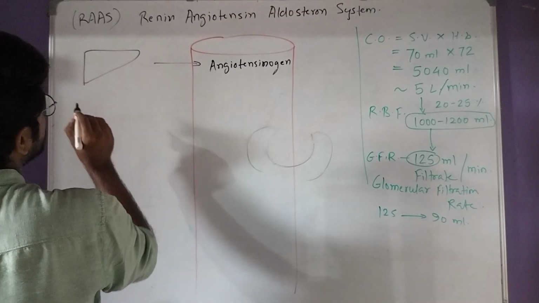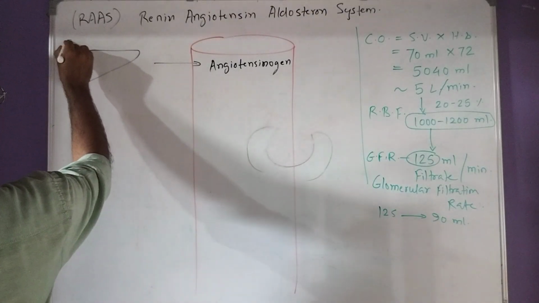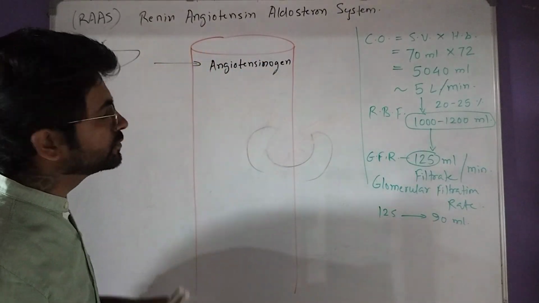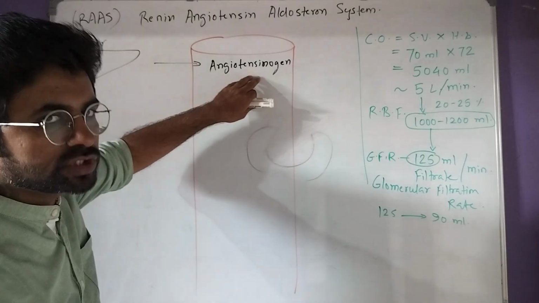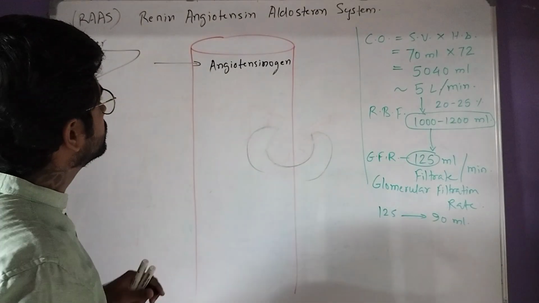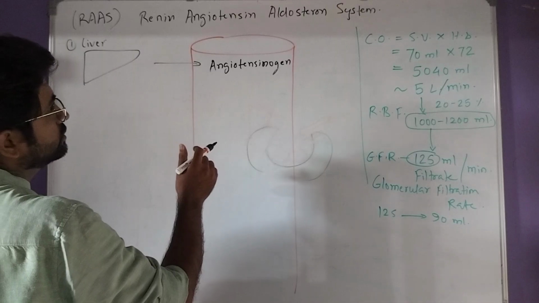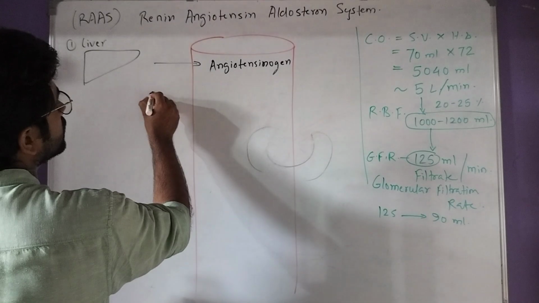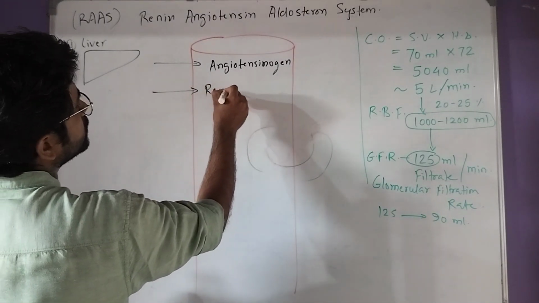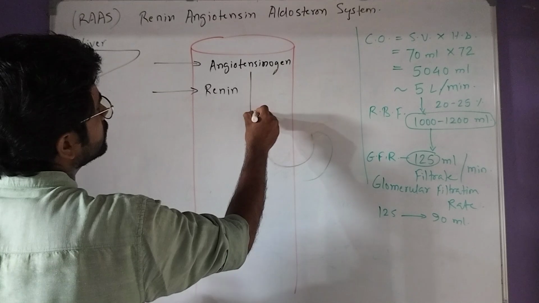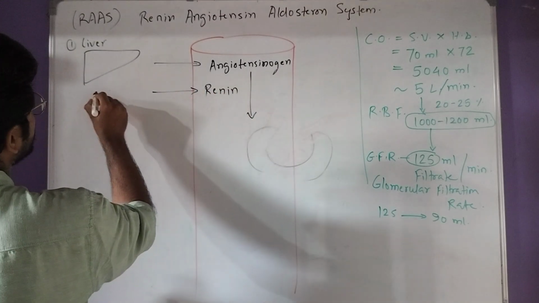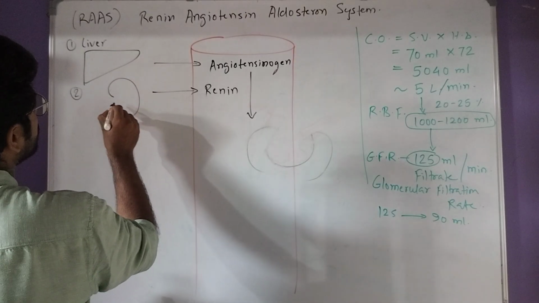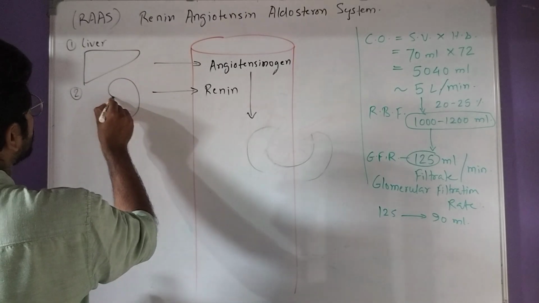See which organs are taking part here. The first participation is by the liver, which contributes angiotensinogen to the blood. Second, when angiotensinogen flows in the blood, it will come in contact with renin, which is actually secreted by the kidney. So it is the second organ. It is released by the kidney.